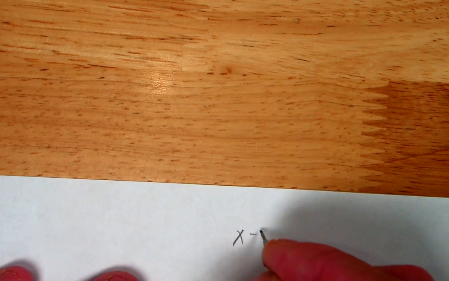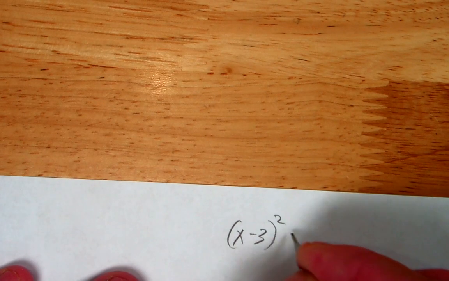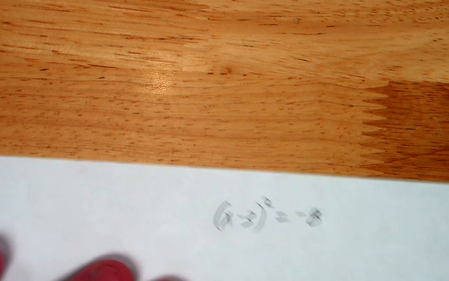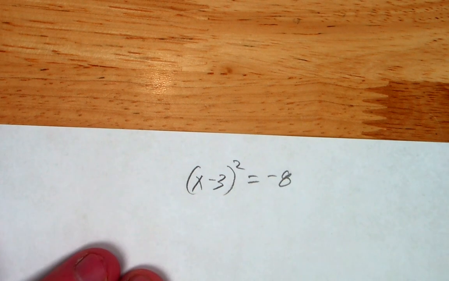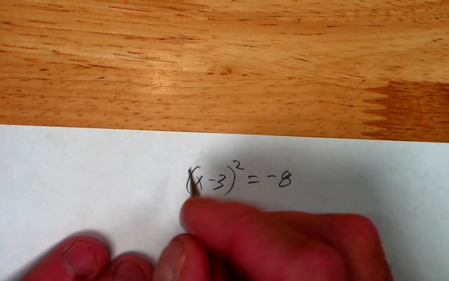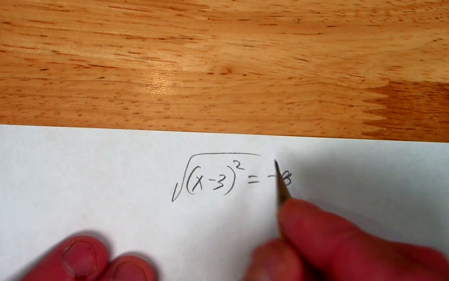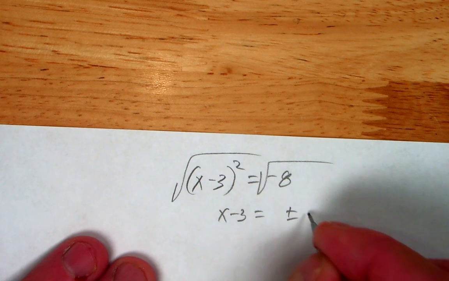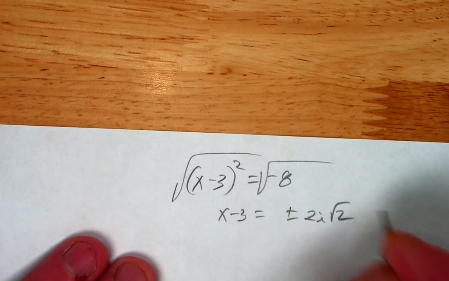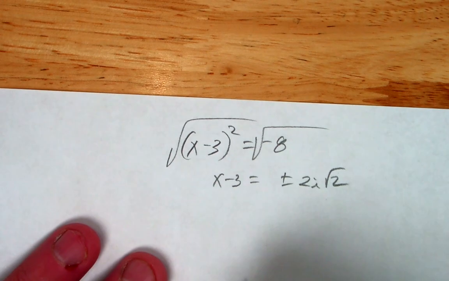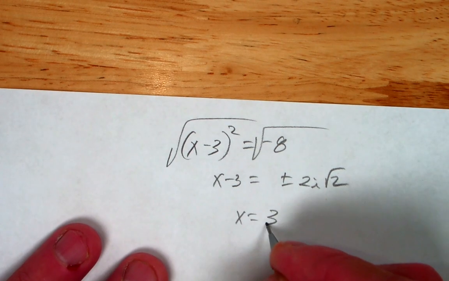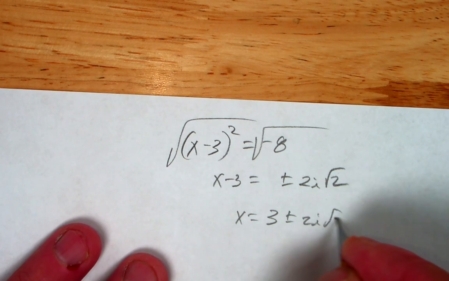If x minus 3 squared is equal to negative 8, what would I do to both sides? Square root. So I'm going to go x minus 3 equals plus or minus 2i, since i squared is negative. Now what? Add 3, right? And I get x equals 3 plus or minus 2i.